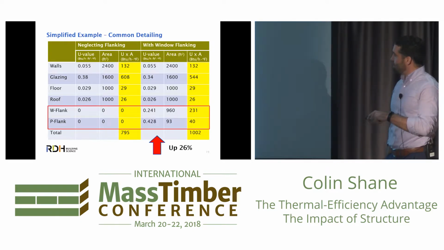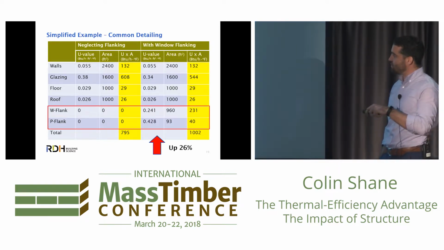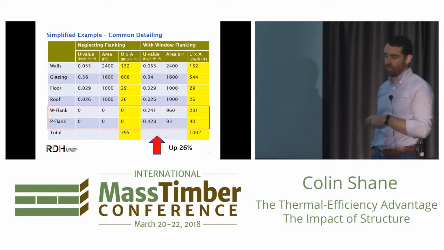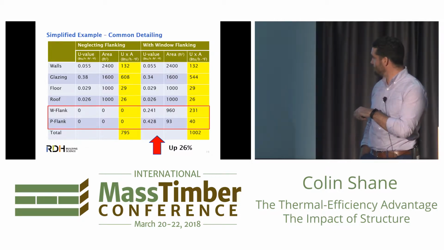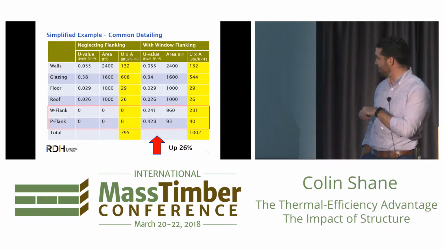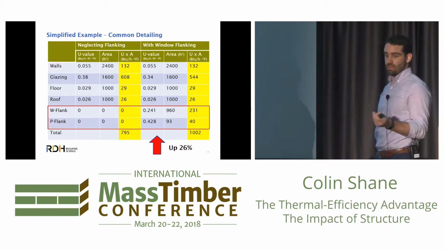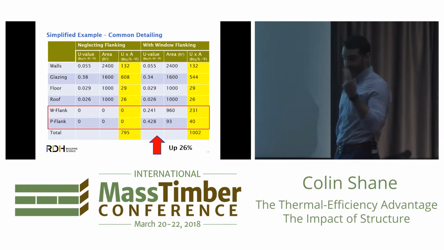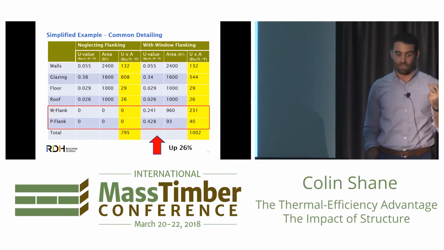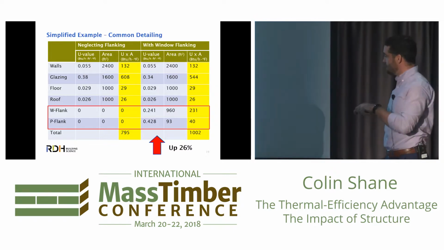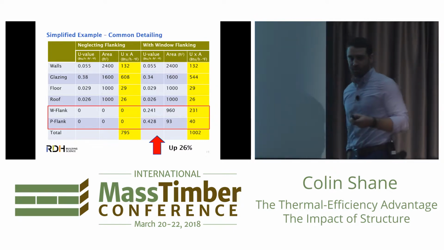So what if we put in those psi values from the window perimeter interface and the parapet perimeter interface that I talked about in those last details? Those are really, really significant numbers in the grand scheme of things here. Our total heat loss through our building, by taking into account 2 details that our energy models typically wouldn't pick up at all if we did them in common methods, shoots our heat loss through our building up by 25%.